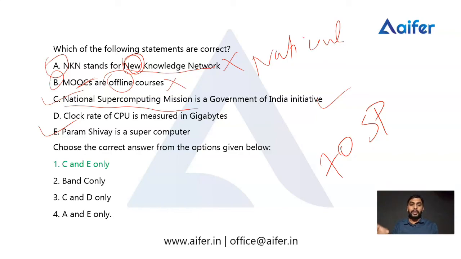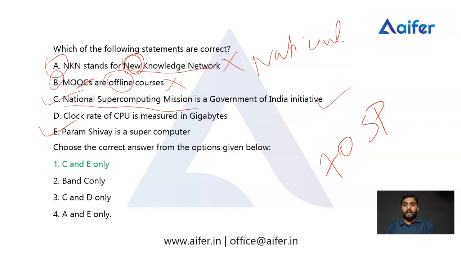So the National Supercomputing Mission is an initiative of the Government of India, a cluster of 70 supercomputers networked to connect academic and research institutions across India for enhancing academic and research performance. So don't forget, the statement is correct.